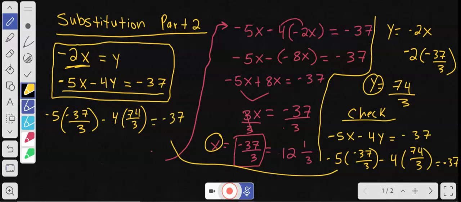Okay, so let's multiply. Negative 5 times negative 37 is going to be positive, with the 3 on the bottom, obviously.